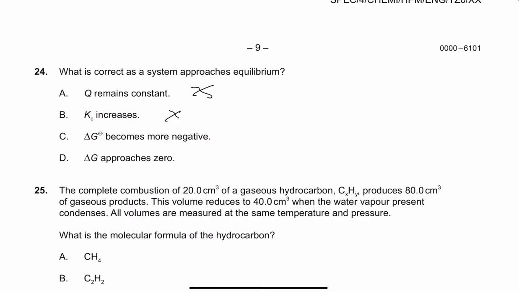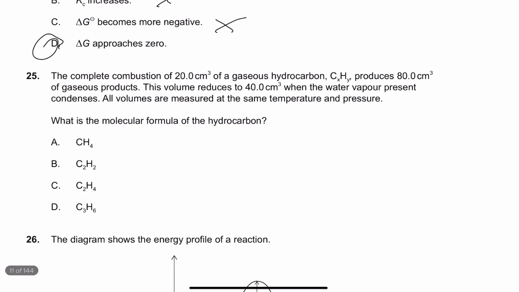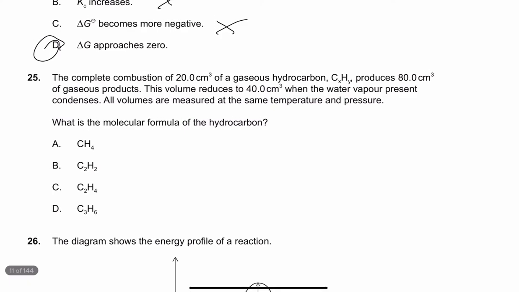Delta G becomes more negative? Well, if you know your theory about equilibrium, you know that's false, and that would also tell you that D is correct, because delta G approaches 0, because at equilibrium, delta G, or Gibbs free energy, is 0. And that's just based on your knowledge. There's not really much you can do if you can't answer that one. Just need to study more.